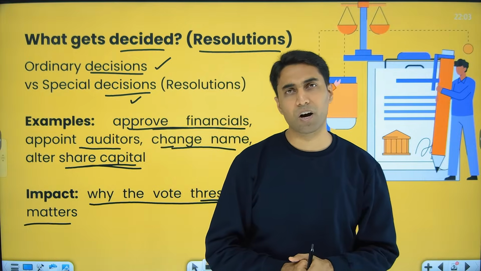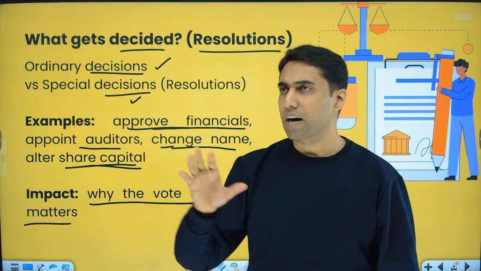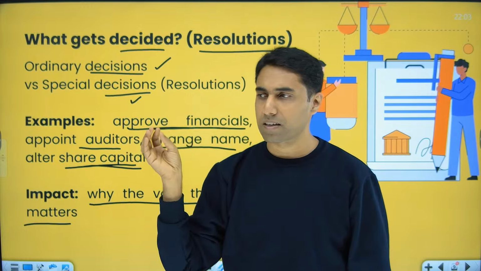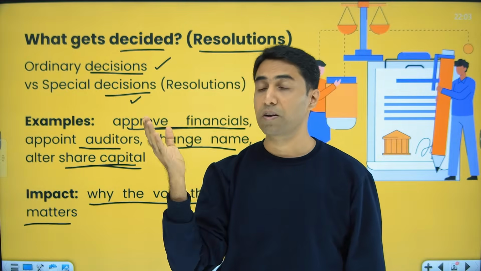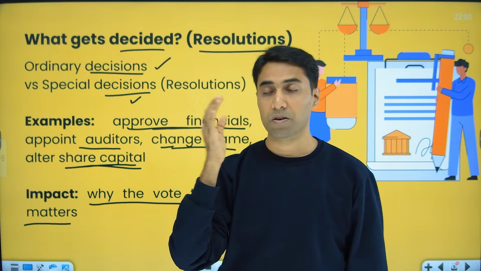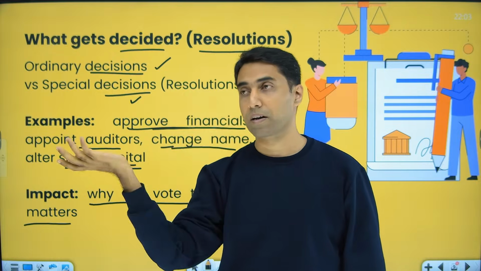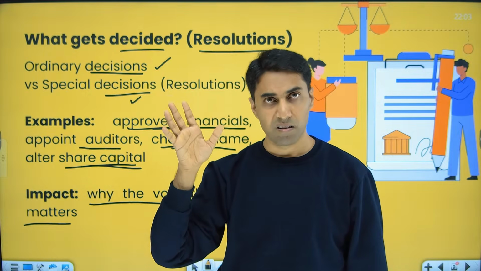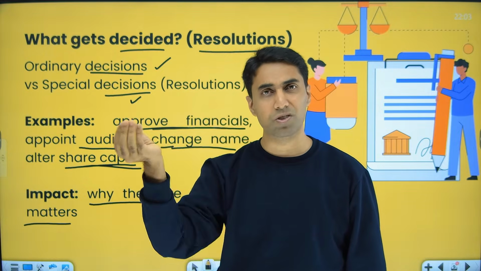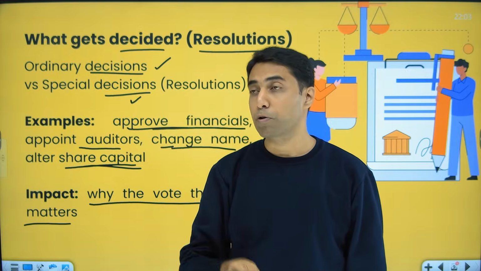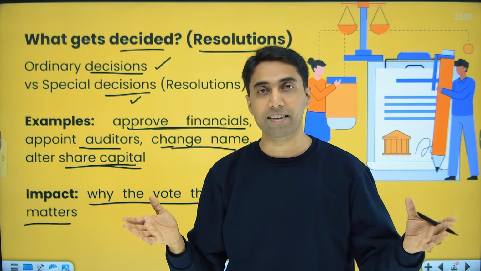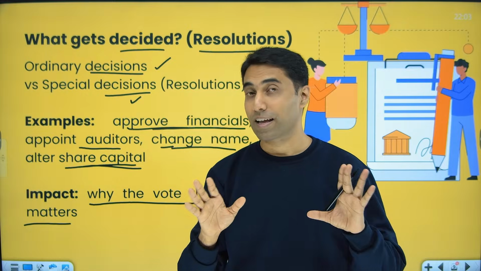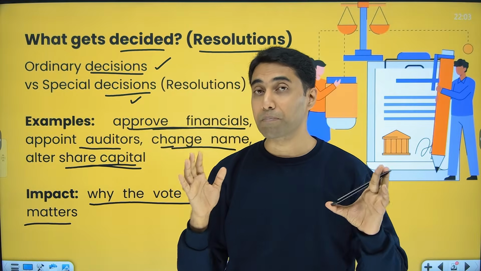Let's just take it in your house, okay? Suppose you have to buy something worth about 50 rupees. Will you ask everybody in your house, mother, father, brother, sister, your spouse, children? No, it is 50 rupees, you just go buy it. But suppose you have to buy something which is 50 lakh or 5 lakh, which is big, it is a very big decision.